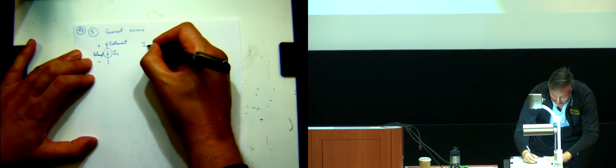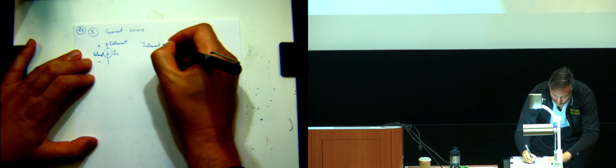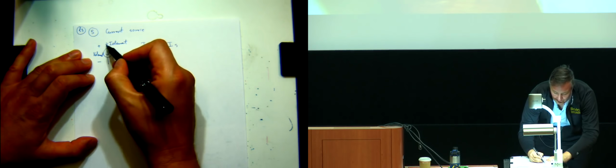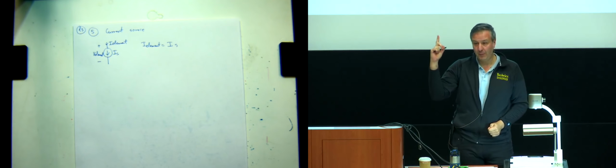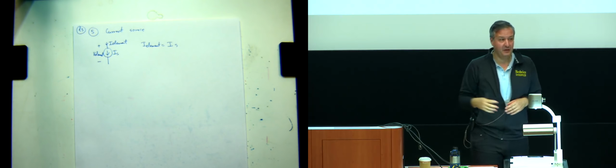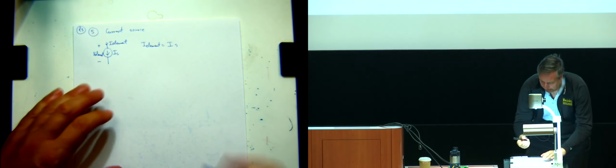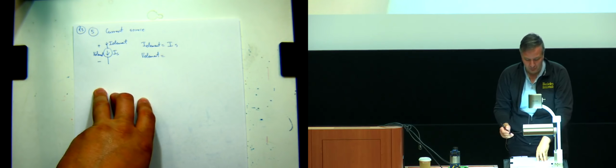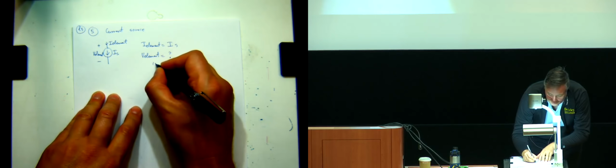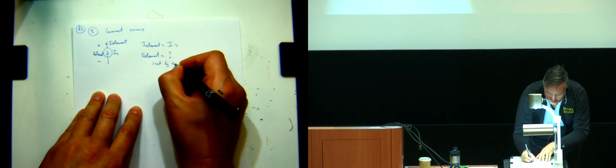And in this case, I element will be equal to Is because these two arrows match. If I defined I element in the opposite direction, then I'd write I element equals minus Is. Right? So V element here, again, is something. It's, again, set by external circuit.